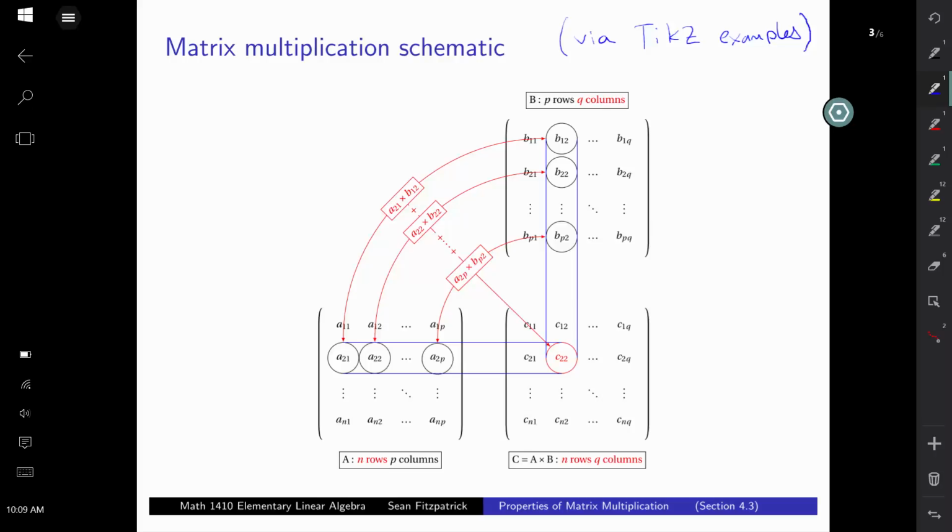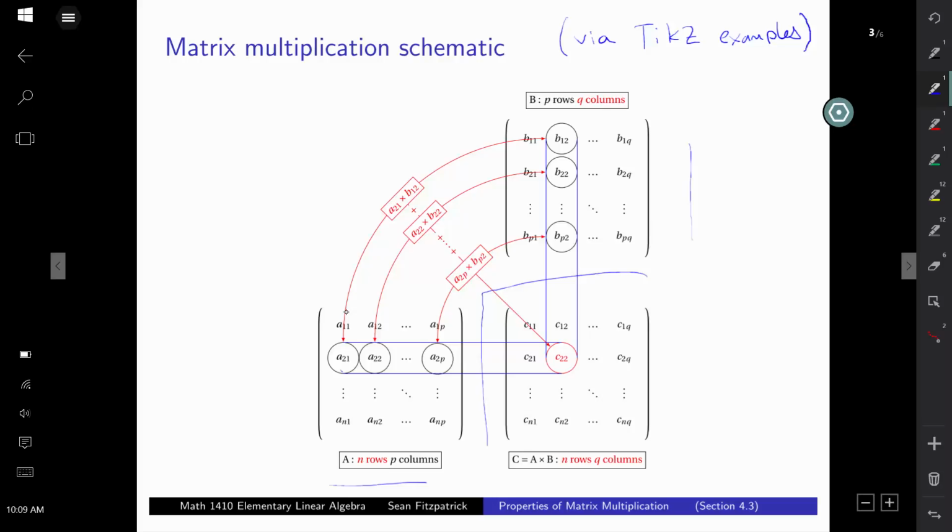When you want to do the product A times B, arrange them like I did in the last video. Put the matrix A on the left, over here. Your matrix B goes on the right, but you shift it up. You put it up and to the right, over here. Then you align the rows of A with the columns of B, and that tells you what the entries in your new matrix should be.